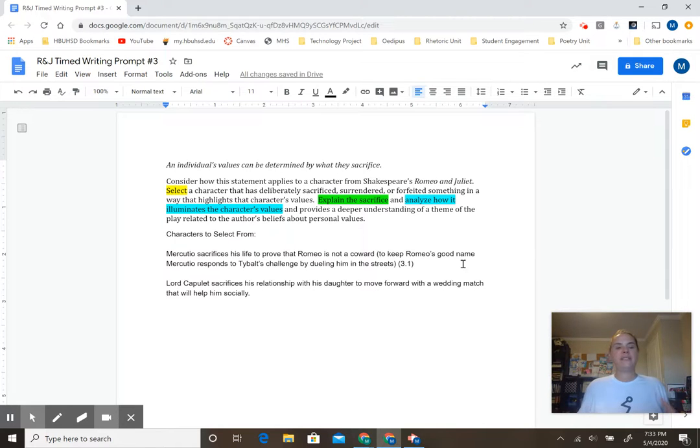So we see Lord Capulet and Juliet seem to be somewhat close in the beginning. He talks about her being the lovely lady of his earth in Act One, and then tells Paris that he is not interested in marrying her off this young.